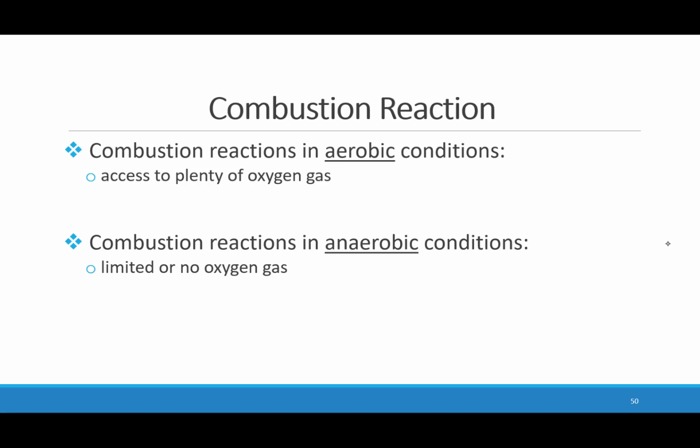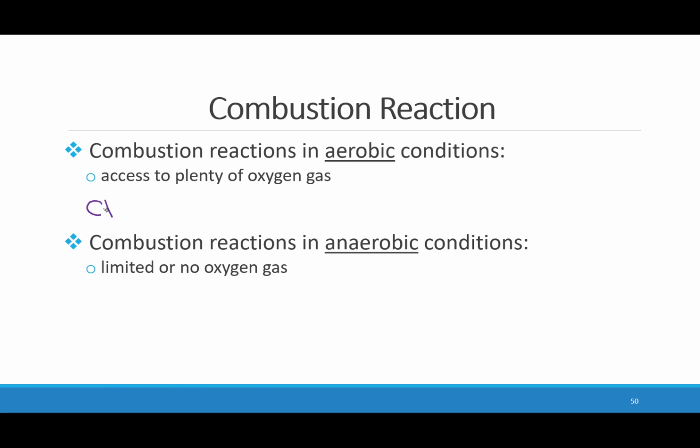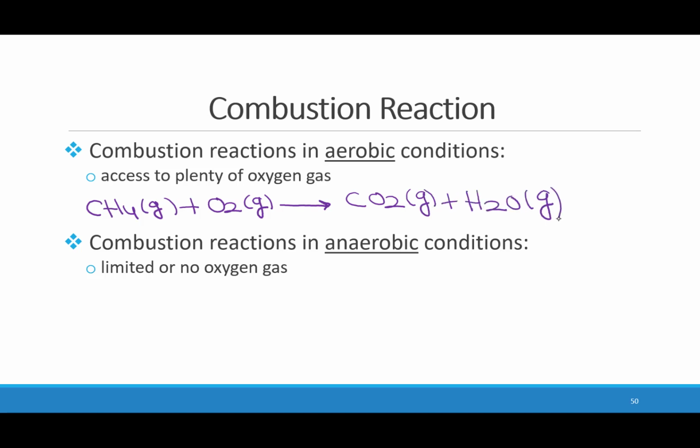Okay, then for example, let's go to that methane example. When we say it's an aerobic condition, that means we have access to plenty of oxygen, a lot of gas. Then what you get as your product will be carbon dioxide and gaseous water, right?